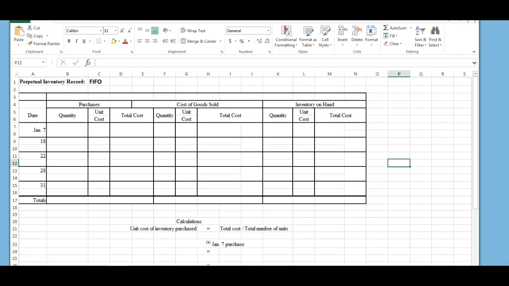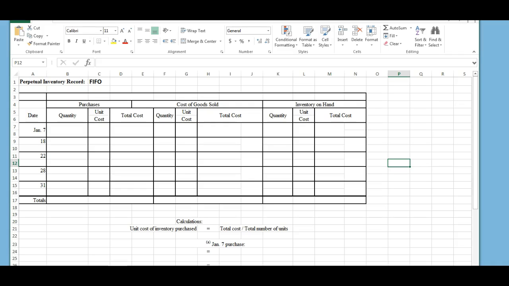What you're going to be looking at are transactions such as on January 7th, January 18th, January 22nd, January 28th, and January 31st. Those are the transactions that you want to pay attention to because those are the ones that are affecting inventory.